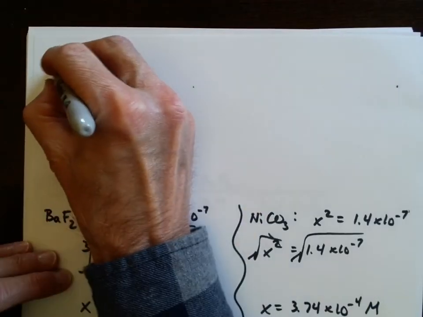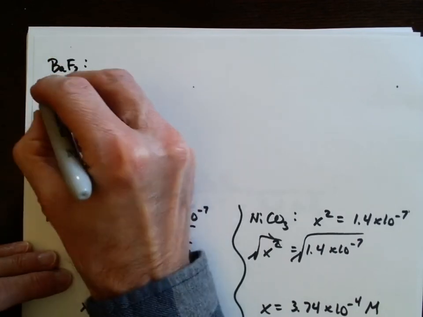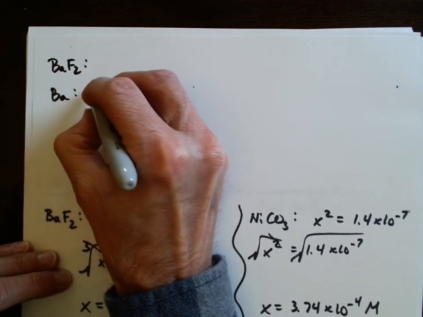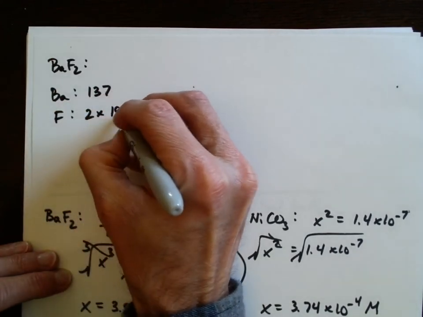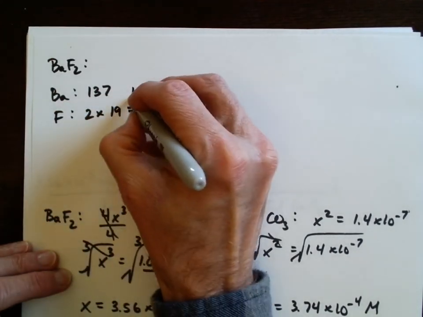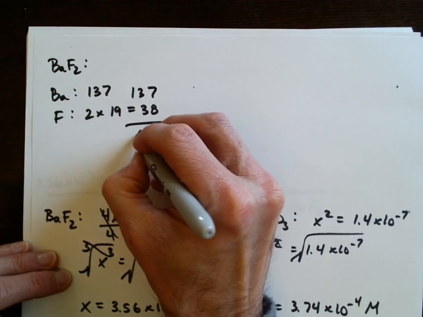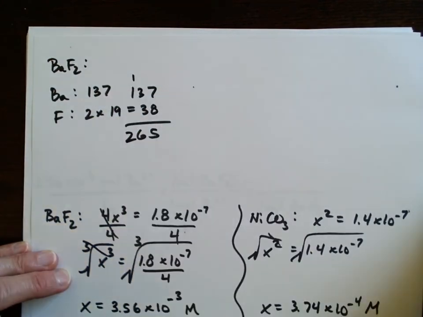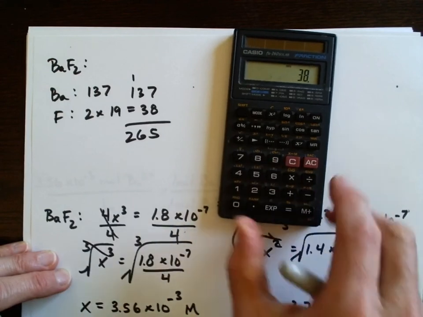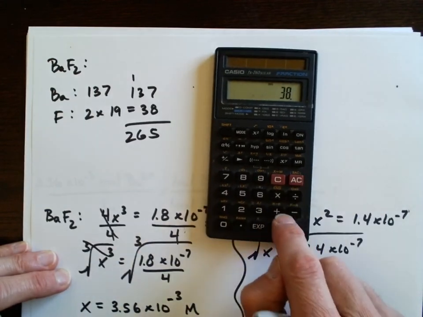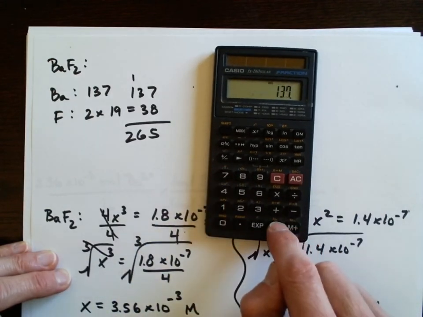Let's see, barium fluoride. That's going to be 137 grams per mole for barium. And for fluoride, that's going to be 2 times 19. Is that 38 and 137? 265. Let's see if I did that right, just to make sure. 2 times 19 plus 137.